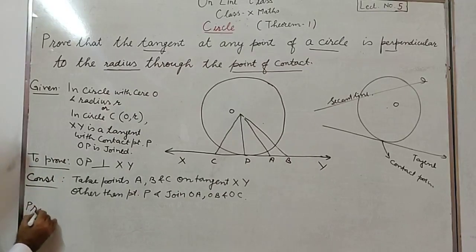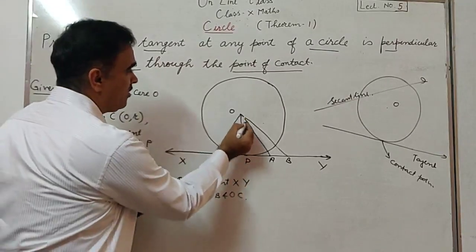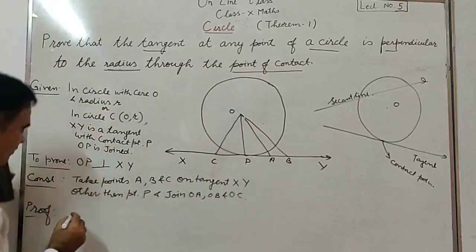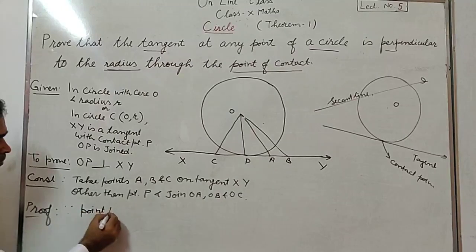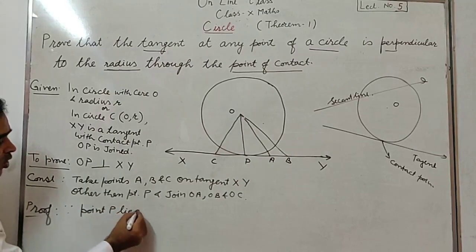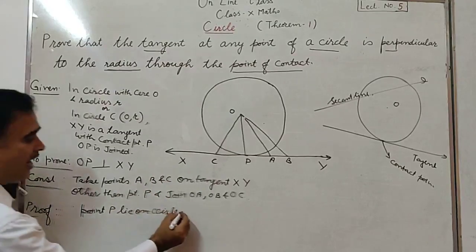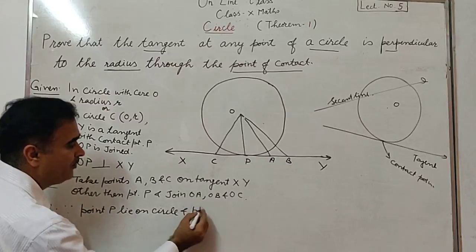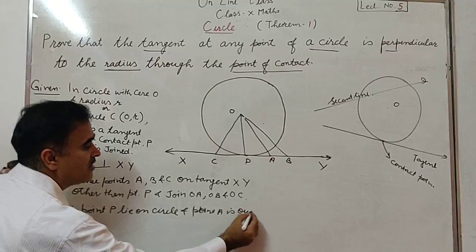You see, my child, what is this point? Point P lies on the circle, and point A is outside the circle.